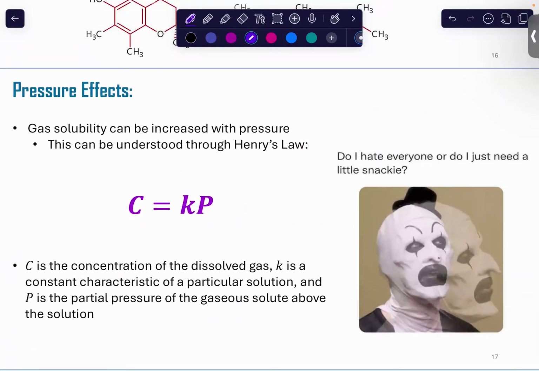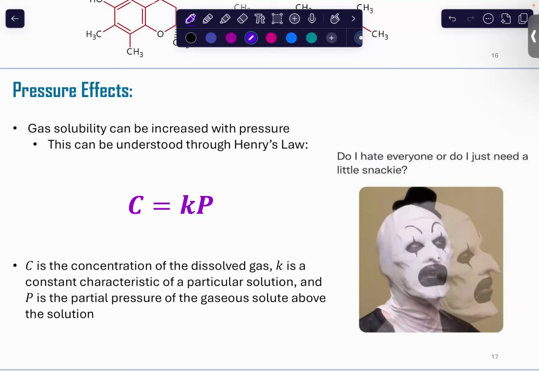Pressure effects. This is one of the harder equations we'll work with. So gas solubility can be increased with pressure. I think you already brought that up. So again, we can put a gas in a chamber with a liquid.